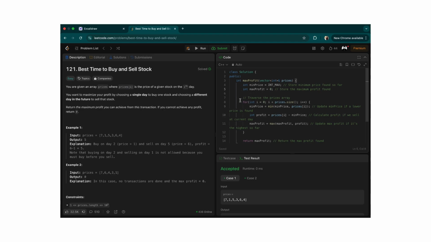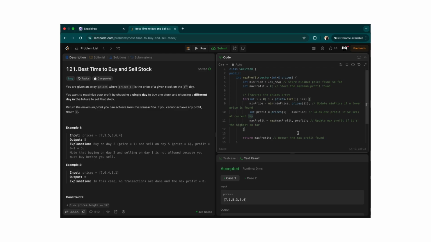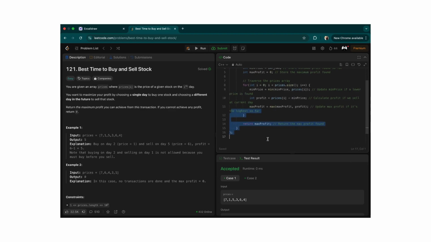We traverse the prices array. We update the minimum price if a lower price is found using the min function, and we calculate the profit if we sell on the current day. The max profit becomes the max of maxProfit and profit, so we update it if it is the highest so far, and we return the max profit. This will be our answer.